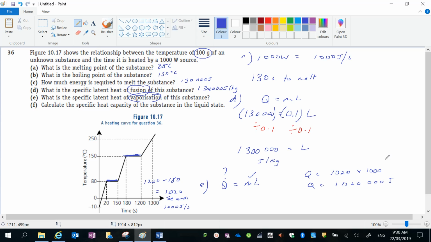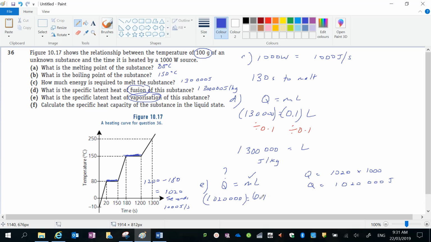Okay. What's next? So times 1000. I'm just checking this in my calculator, make sure I don't make any mistakes. Good. So now we know the energy is 1,020,000 joules. The mass was 0.1 kilograms.